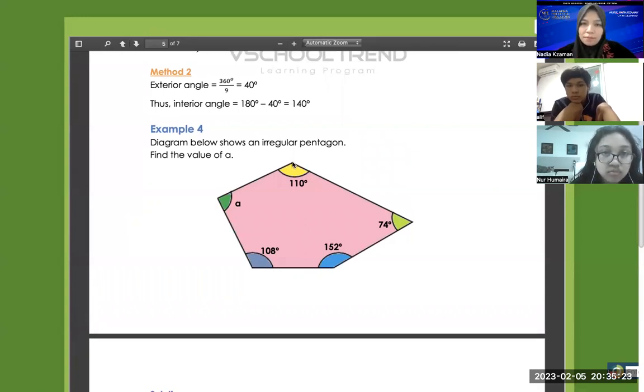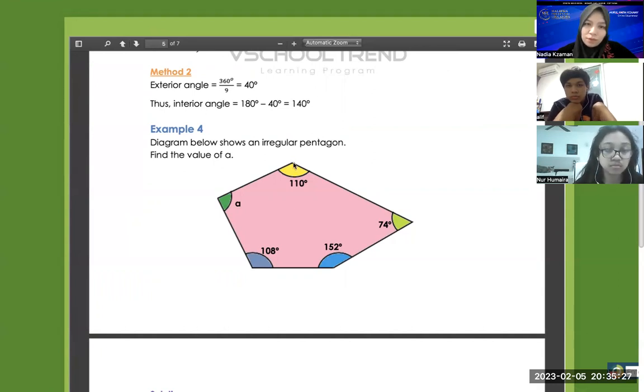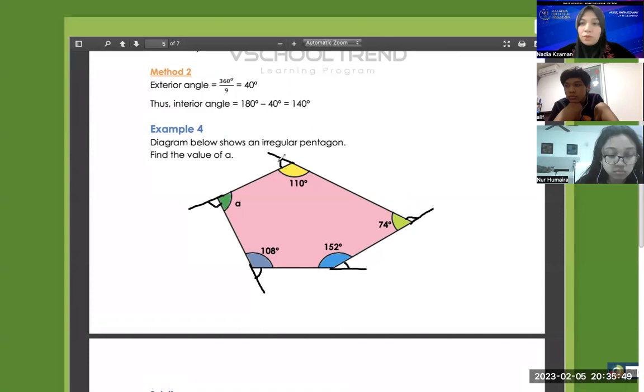If we sum up everything outside the irregular polygon, the angle here, and we add on here, here, here, and here, what will be the answer?